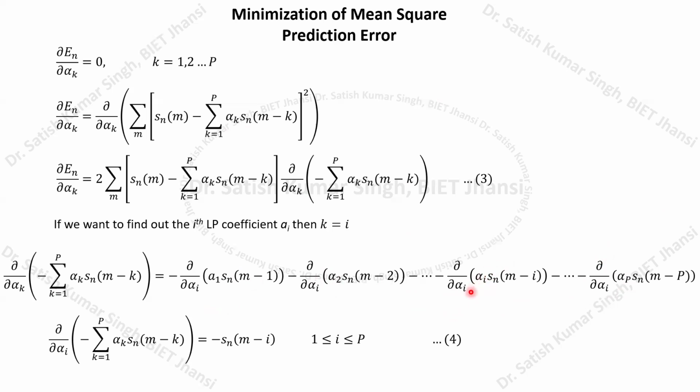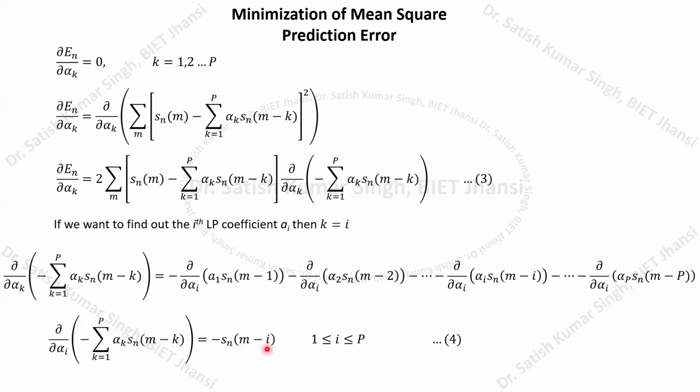Because here the coefficient is alpha i, we can perform the differentiation, and the derivative of alpha i will be equal to 1, so the rest becomes constant. So the result of this differentiation is nothing but minus s n m minus i. For all these values of i from 1 to p, this differentiation will be replaced by minus s n m minus i.